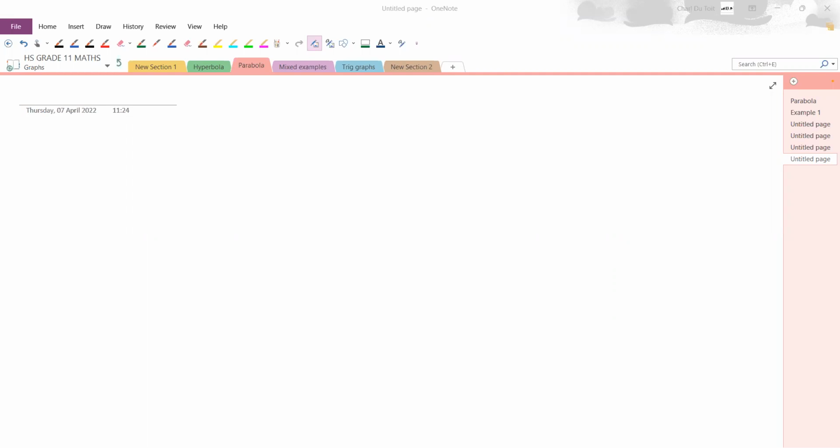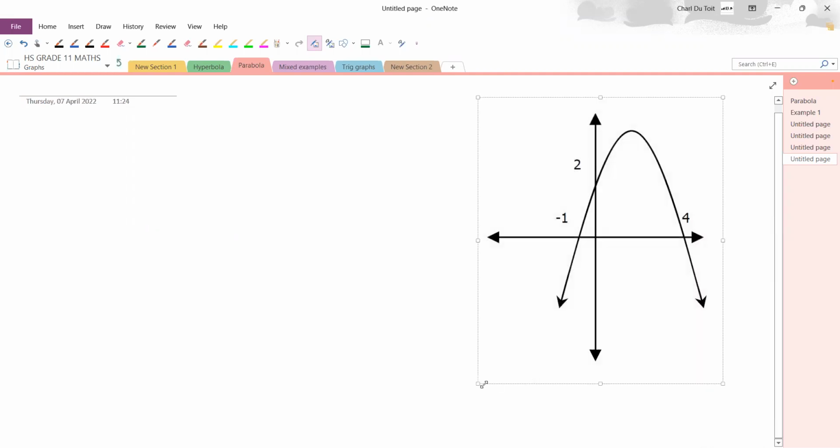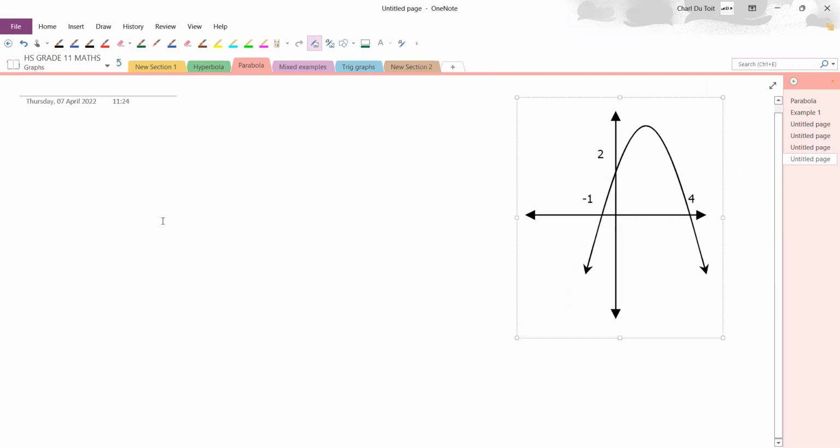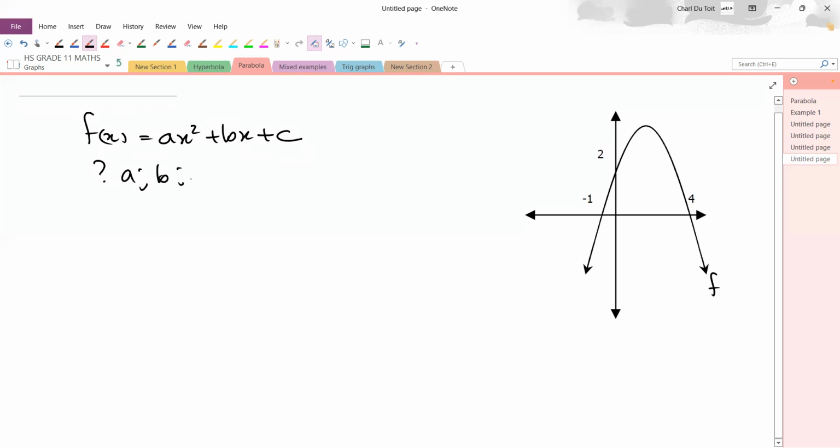Okay, there's a graph, a parabola, let's call it f. So f(x) equals ax squared plus bx plus c. I want to know the values of a, b, and c. Now let's get the equation of that graph.